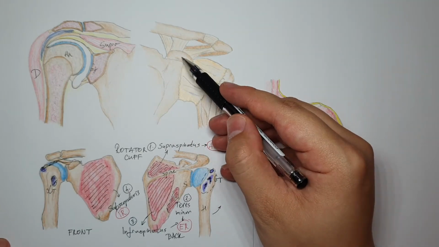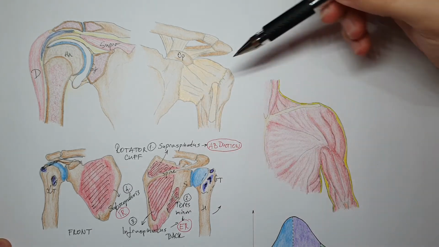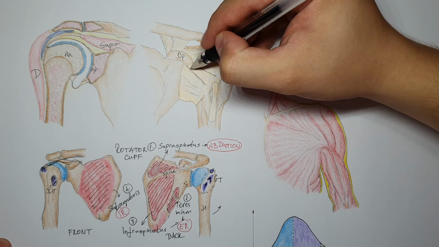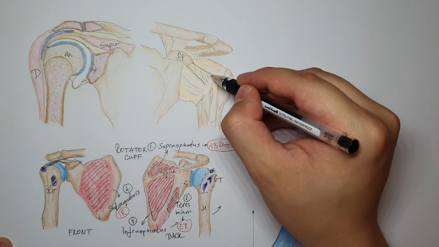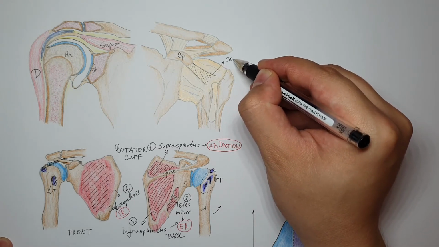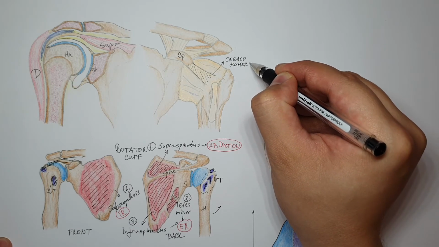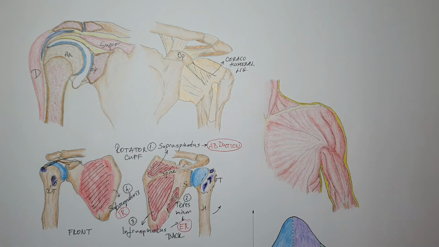The scapula has this bony prominence called the coracoid process, and from the tip of it we have this ligament. This ligament is called the coracohumeral ligament. So the coracohumeral ligament thickens and becomes more fibrous in frozen shoulder.